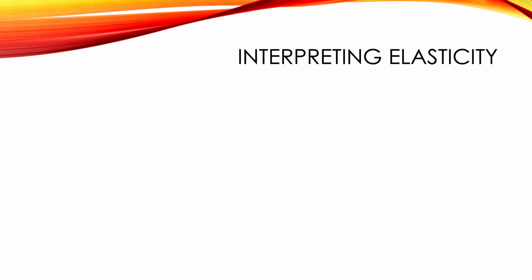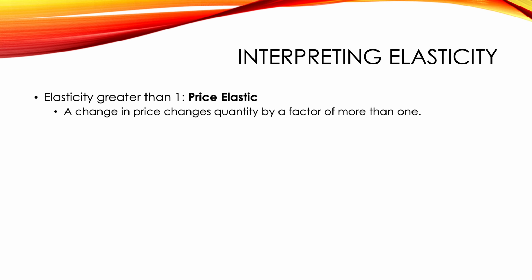The key number here to compare your answer to is 1. So for instance, if you calculate the price elasticity of demand for a good and your answer comes out to be greater than 1, we would categorize that good with that price change specifically as a price elastic good. What that means is a change in the price changes quantity demanded by a factor of more than 1.